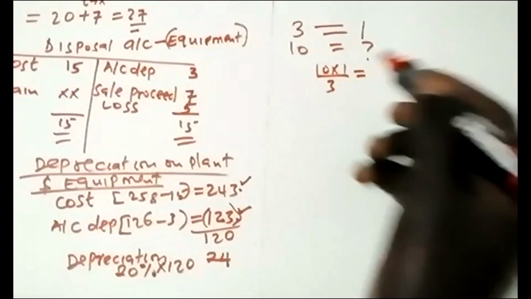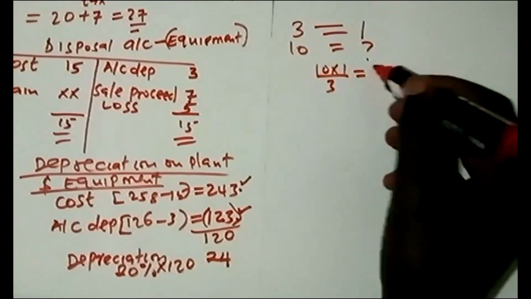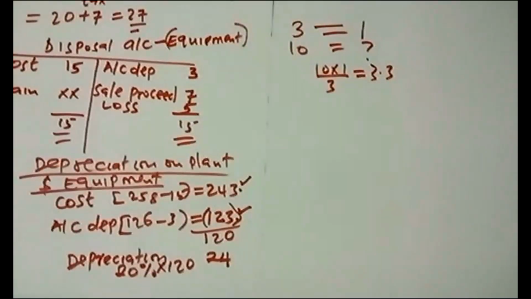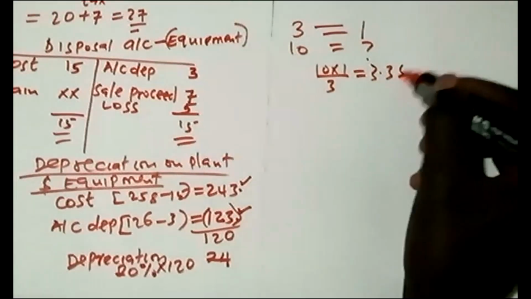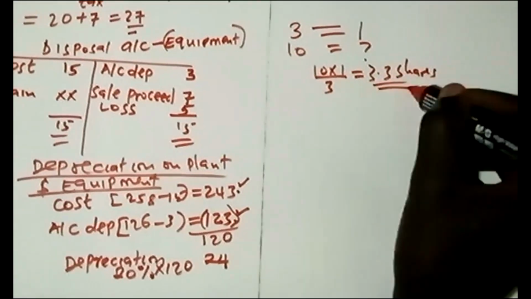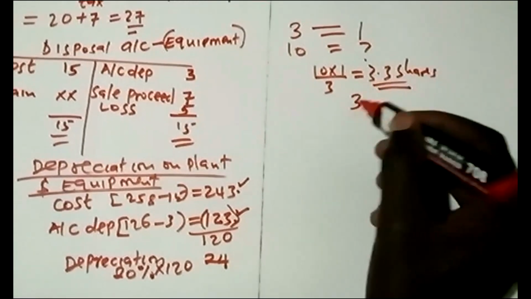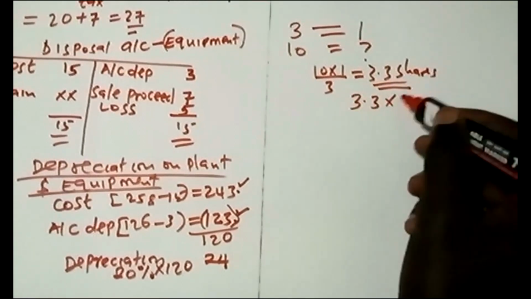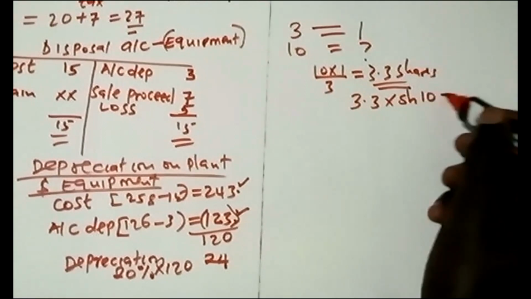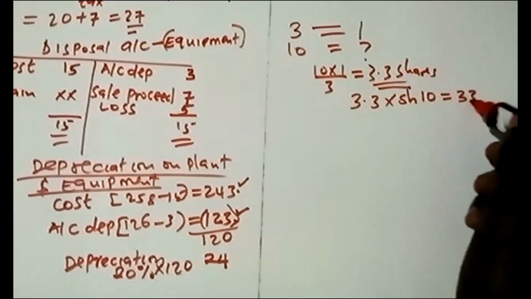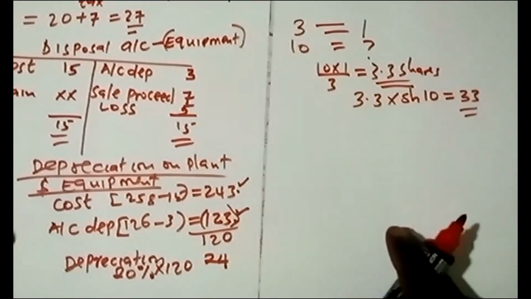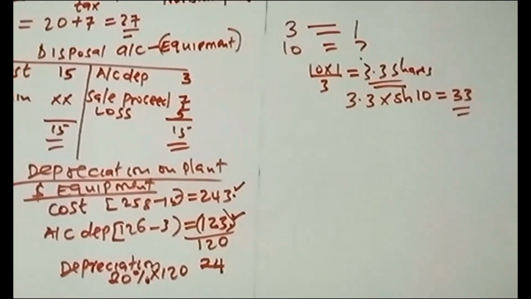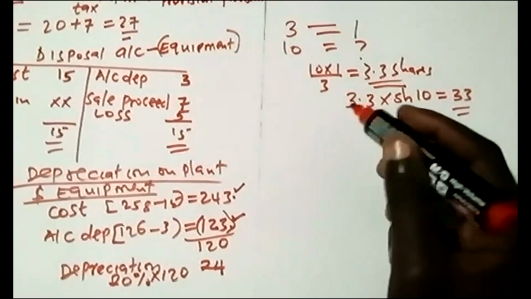How many shares did they issue in terms of bonus? 3.3 shares. So to get the total value to record in our statement of changes in equity, we have to get the value. You multiply with the 10 per share. We get 33. So after that, we are done with the workings.